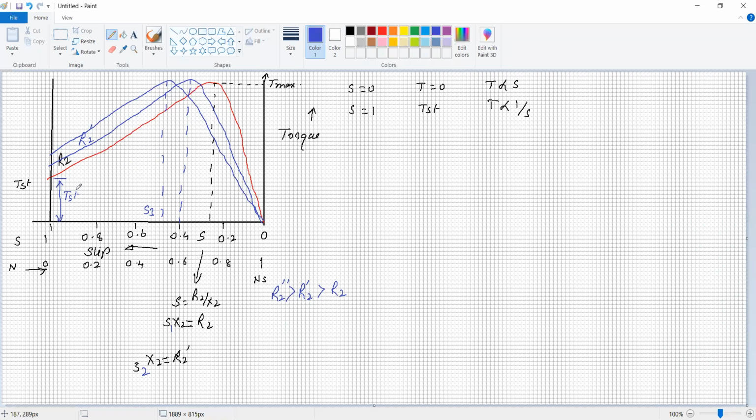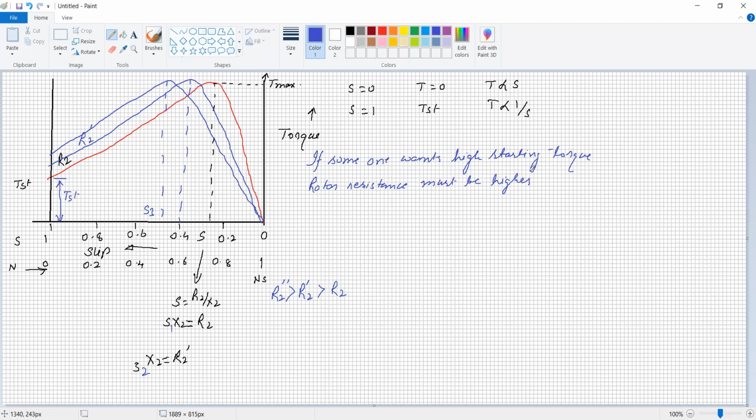So again, we come to know one more very important conclusion: if someone wants high starting torque, the rotor resistance must be higher.